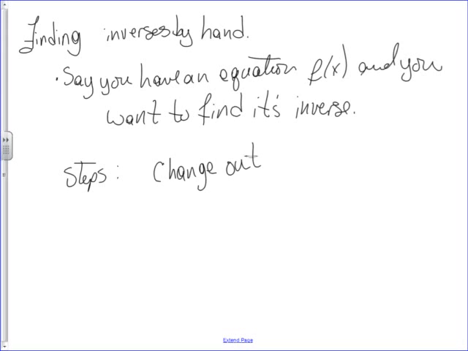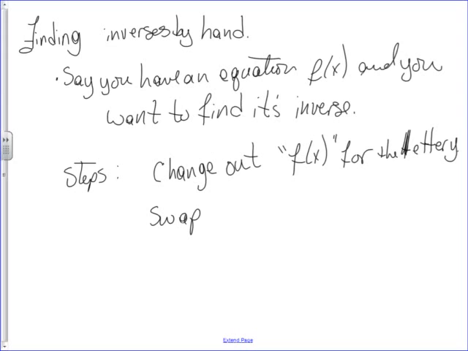Step 2: swap every x for y and vice versa.